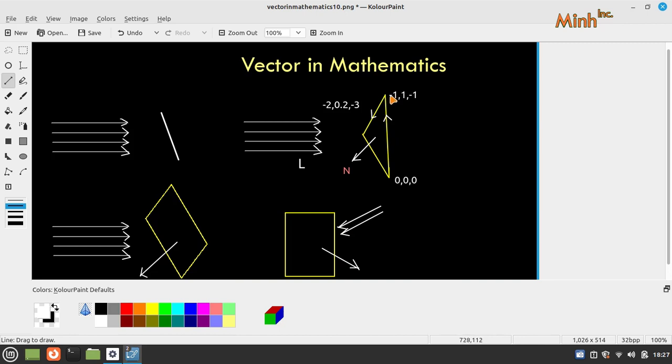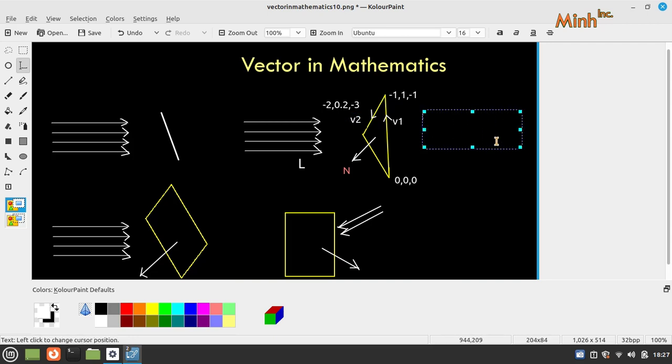To compute normal at these vertices, we are calculating only one. Suppose we are calculating only one normal, and we'll consider that is for the surface. Now we'll consider this vector as v1 and this vector as v2.